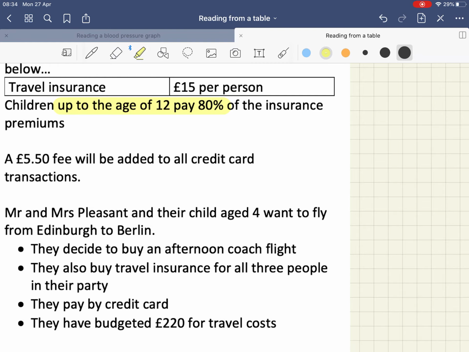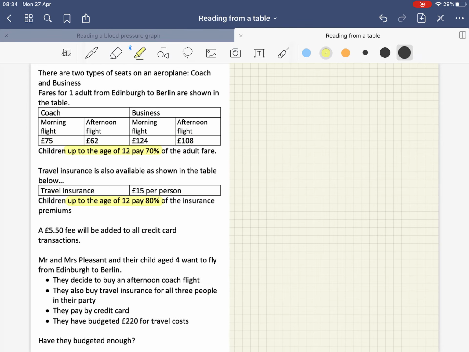So the way I do this, I like to just look at one bullet point at a time. To start off with, we're going to look at this first bullet point: an afternoon coach flight. So tickets. And I want to find where the afternoon coach flight is.